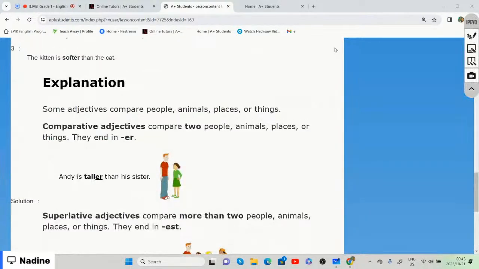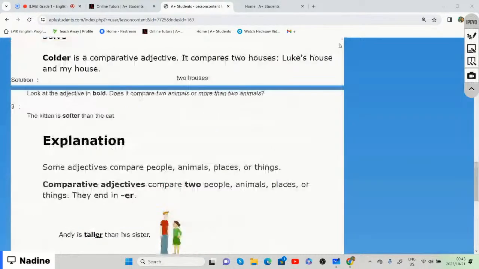It says the kitten is softer than the cat. So we need to look at the adjectives in bold, and we need to say, does it compare two animals or more than two animals?